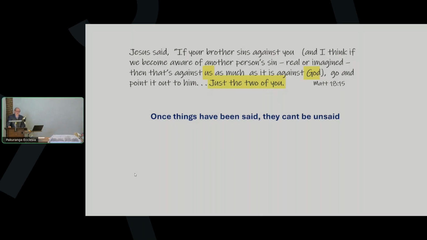So I believe the thing that Jesus was doing when he said those two verses there, don't judge because you'll be judged in the same way, was pulling together the godly principles.